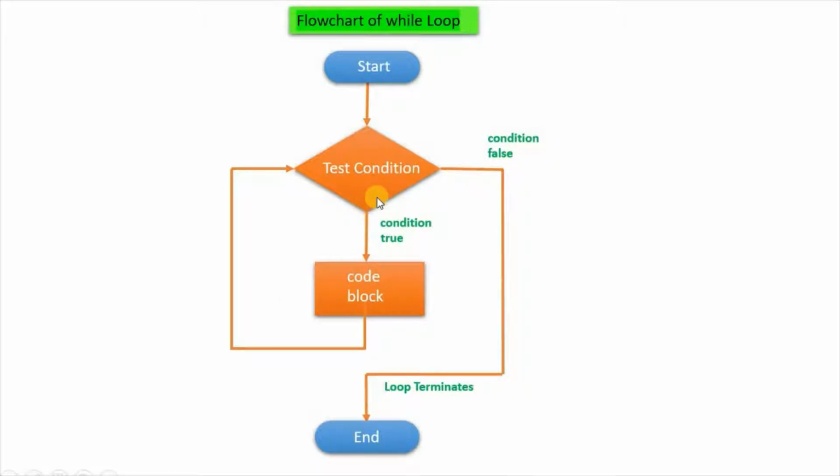If the condition in the while loop becomes true, then code block or statements in the while loop are executed. Then again testing of the condition in the while loop takes place, and if the condition again becomes true, then again code block or statements in the while loop will be executed.